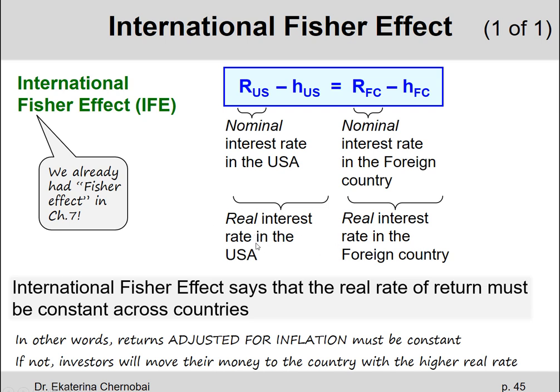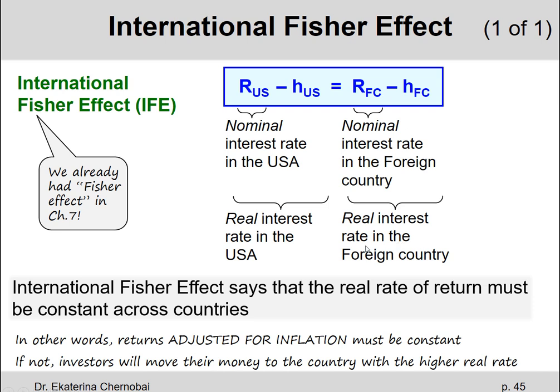But in order to have a balanced world of investments, we must have this International Fisher Effect holding true, right? So the fact that investors, some invest here, some invest there, tells us that the International Fisher Effect generally holds.